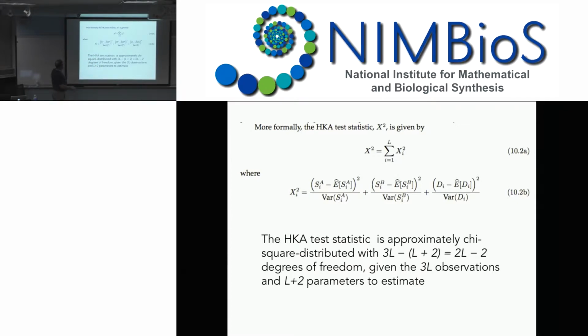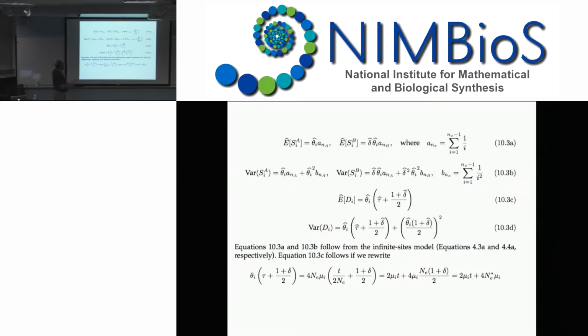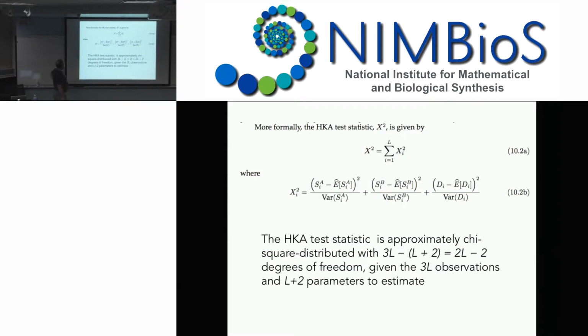Because you've got this set of equations, you can go ahead and estimate the common tau, the delta, and then the theta i's for each of the genes, and that basically gives you 2L minus 2 degrees of freedom: the number of observations minus the number needed to do estimation.